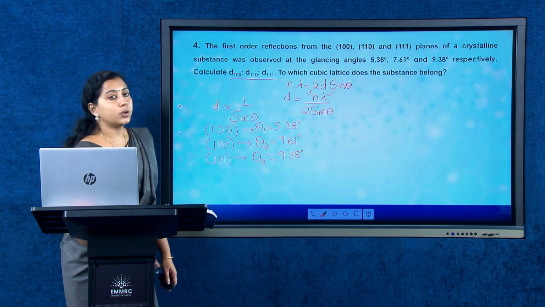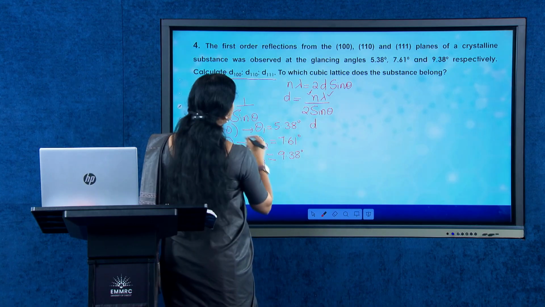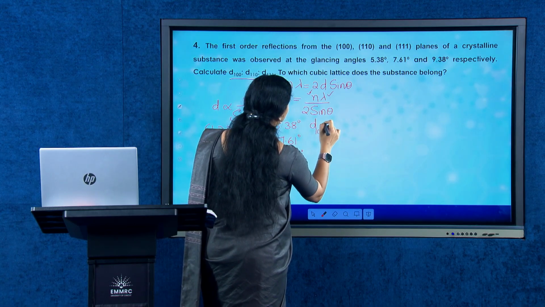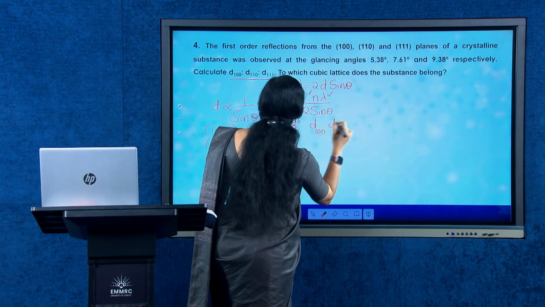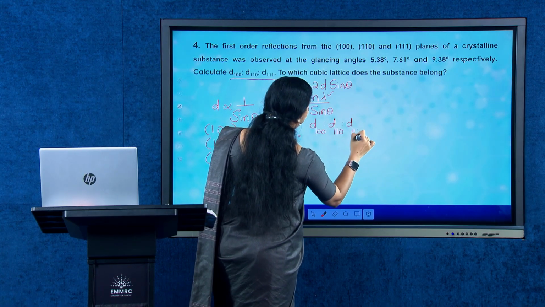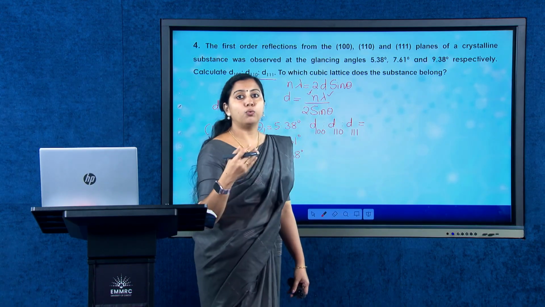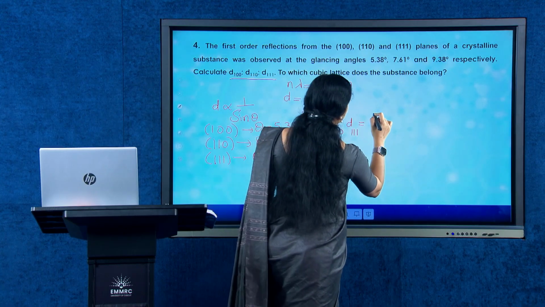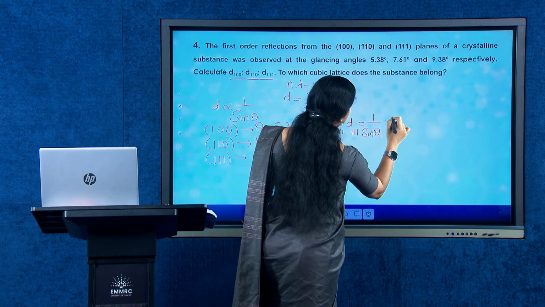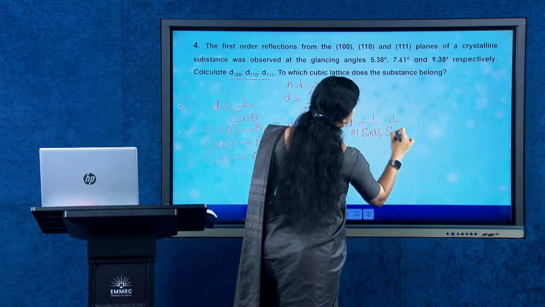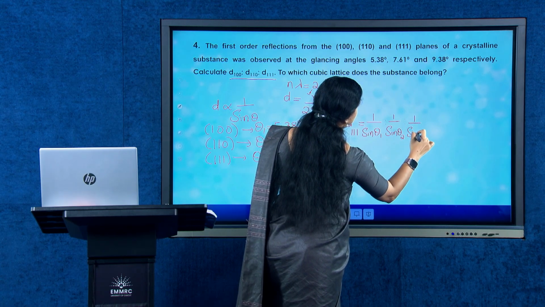Okay. So, we can write the ratio. You have to calculate the ratio d100 is to d110 is to d111. So, that will be equal to, since d is proportional to 1 by sin theta, 1 by sin theta 1 is to 1 by sin theta 2 is to 1 by sin theta 3.